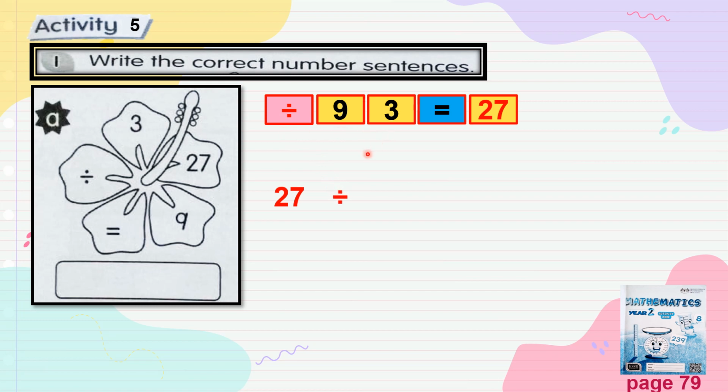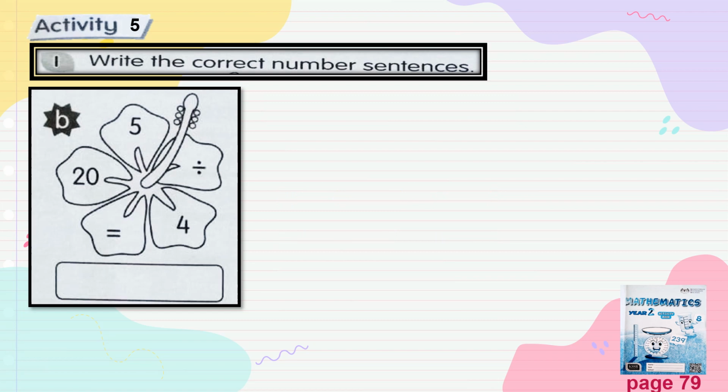Okay, for this, I choose 9. Then followed by the symbol of equal to. Now, we get the answer 3. Okay, 27 divided by 9 is equal to 3. We also can write the number sentence like this. 27 divided by 3 is equal to 9.